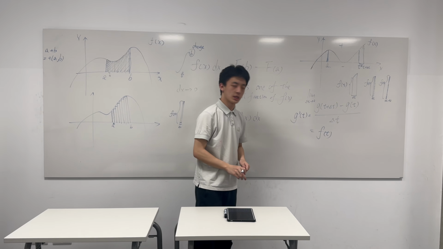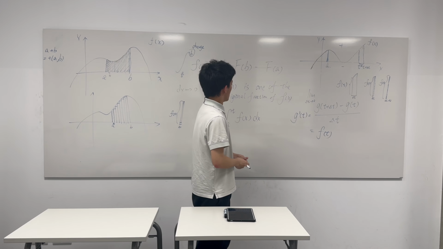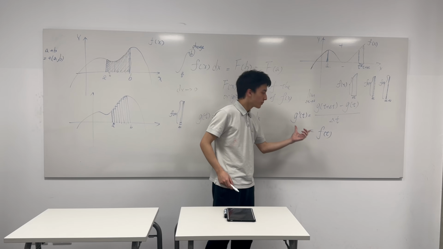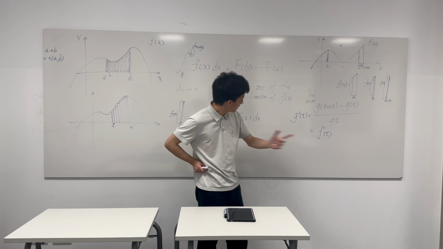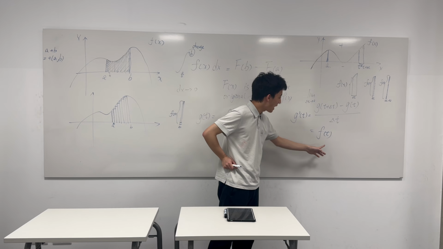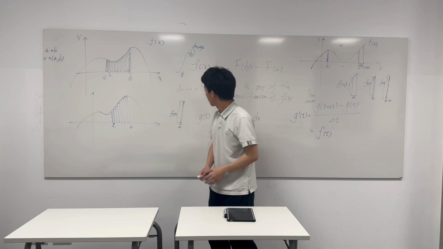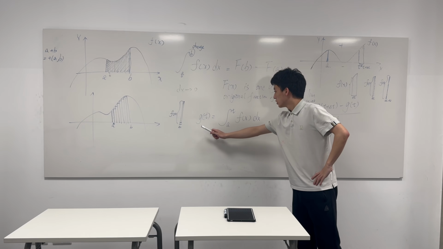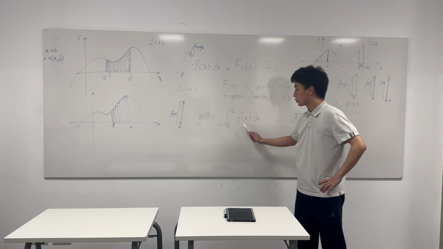I don't know if you guys understand this. So, after this step, we will find that g derivative t is equal to ft. The derivative of gt is equal to ft.